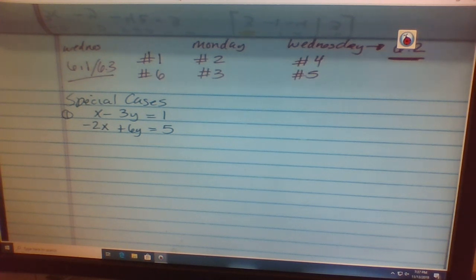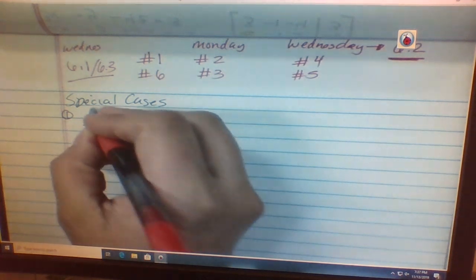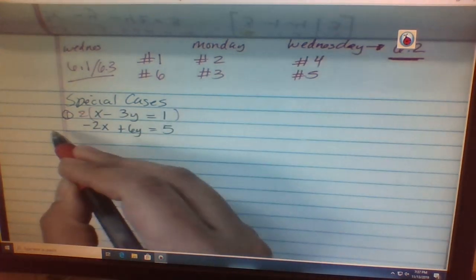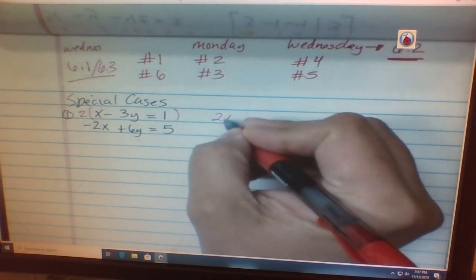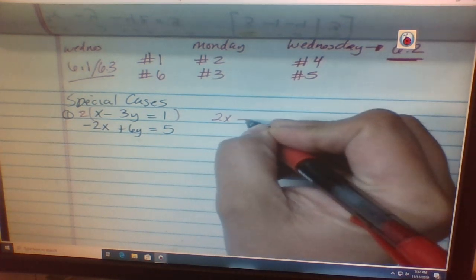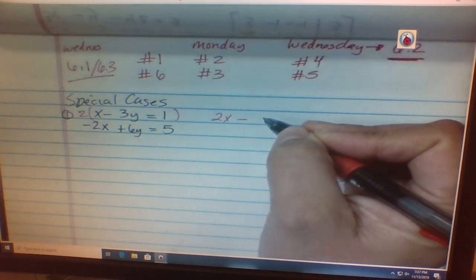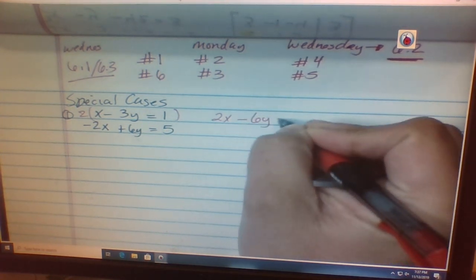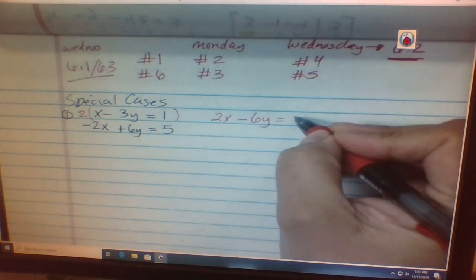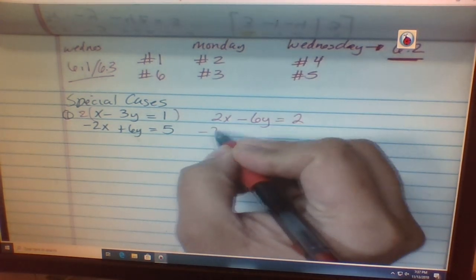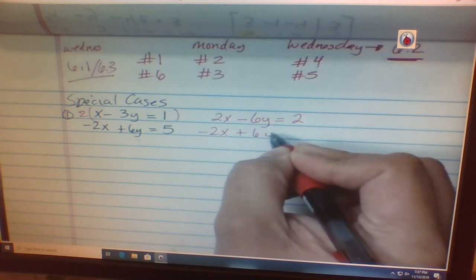To do elimination, I need to multiply the top equation by 2. 2 times x is 2x, 2 times negative 3y is negative 6y, 2 times 1 is 2. We didn't do anything to the bottom, so we just rewrite it.